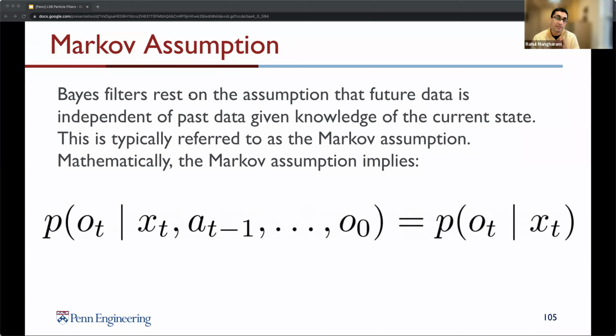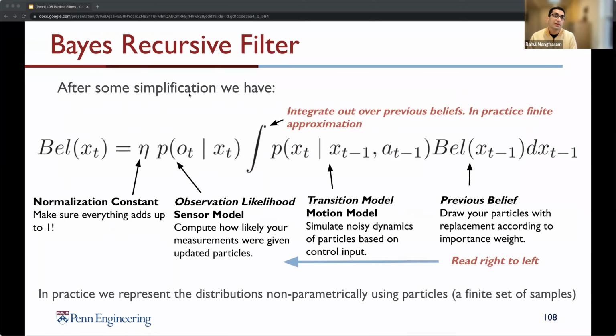This is typically referred to as a Markov assumption. So we don't have to consider the entire motion history, just the current state. So what we have here is the approach to estimate the belief of our current state using the previous belief, the transition model or the motion model, and the observation likelihood or the sensor update model.